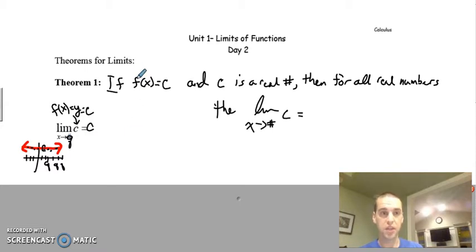It better equal c. The theorem that we're going to actually use, using words to prove it: if f of x equals c, so y equals c, and c is a real number, then for all real numbers, the limit as x approaches c, or as x approaches a number of the function c, it better equal c.